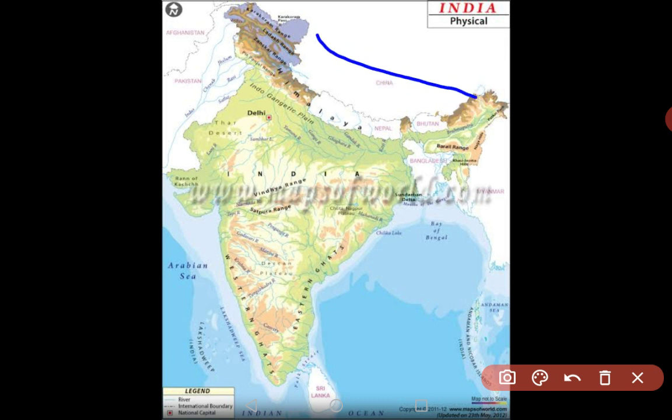For example, this river is flowing, and when floods come, the nearby area is flooded with water, and again the soil of this area is getting renewed. This area is known as the Khadar area.